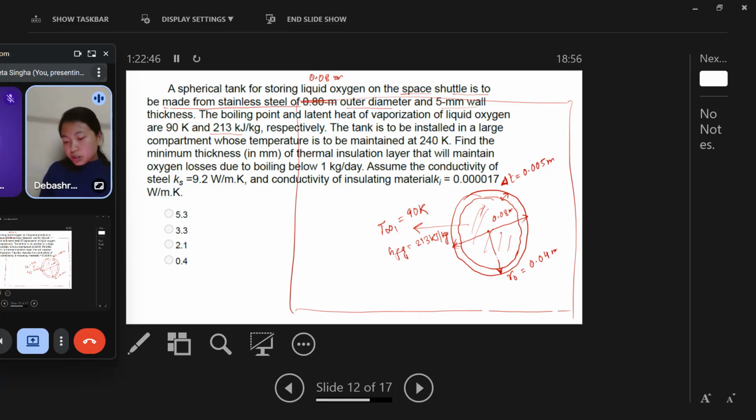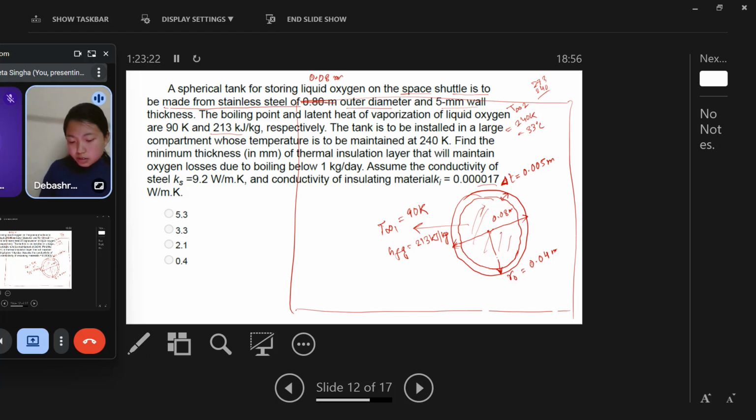It is maintained at 240 Kelvin, that means around 33 degrees Celsius, 273 minus 240, yeah, 33 degrees Celsius, that is the T infinity 2. This is the outside air. Find the minimum thickness in mm of thermal insulation layer that will maintain oxygen losses due to boiling below 1 kg per day.